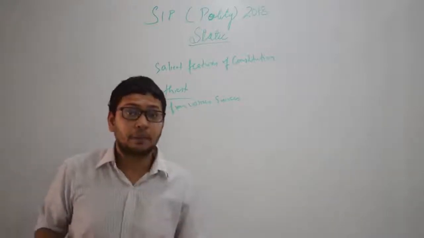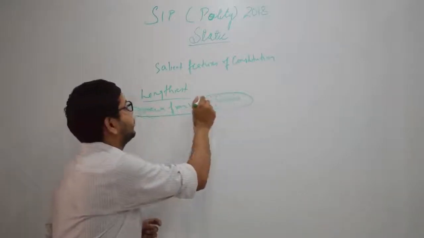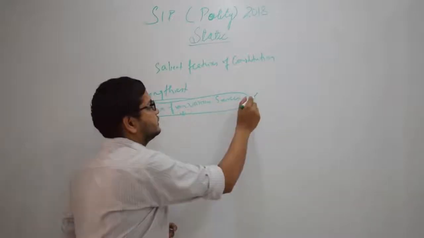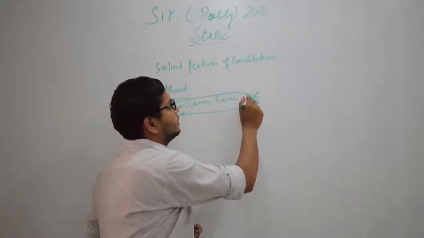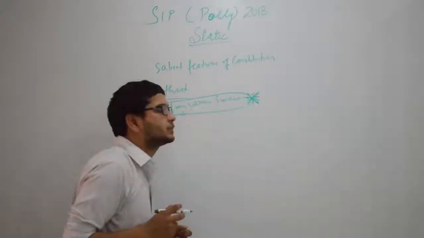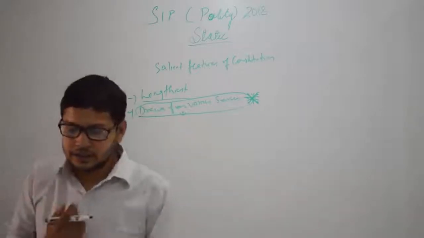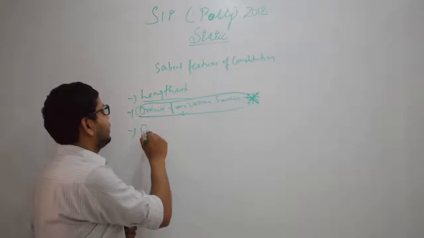Probably the most important part of the chapter. Cannot miss it at any cost. I would make it a star. It would be blasphemous if you skipped this. Third is that it is a federal system with a unitary bias.